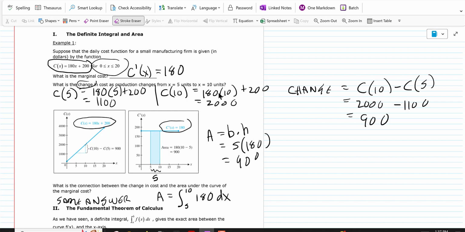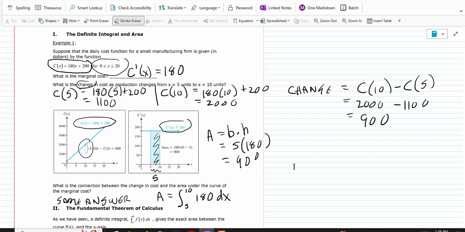I'm taking the area under that curve, 180. Next I'm going to show you how to do the area under the curve. It turns out that the area under the curve of the derivative ends up being the same as this change in cost.